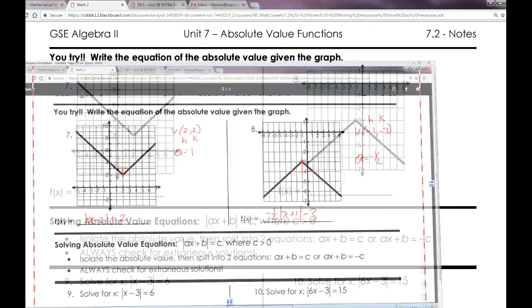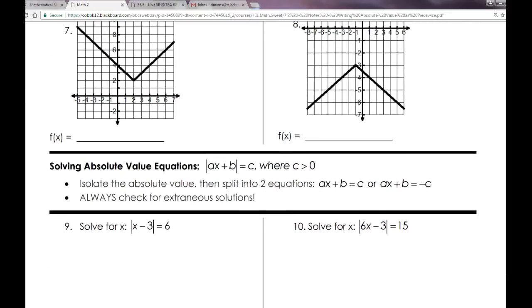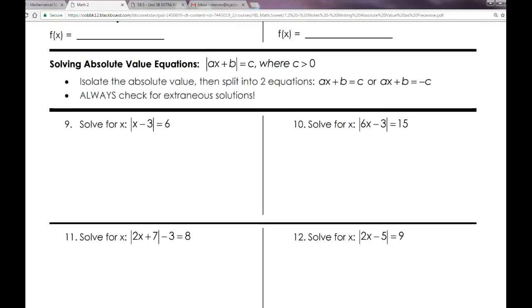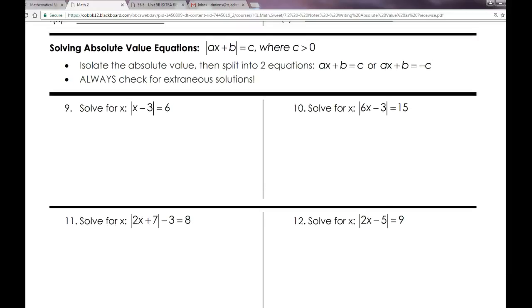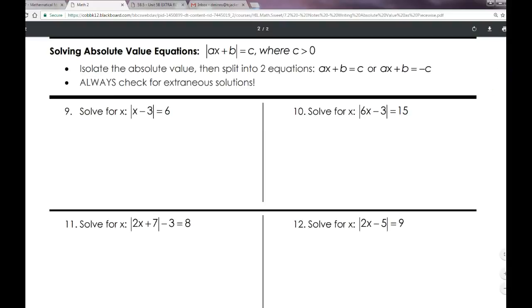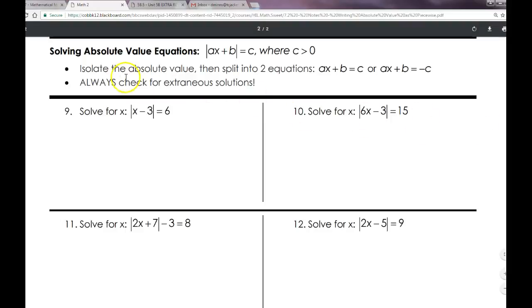Alright, moving down, now we're going to solve a couple of absolute value equations. You probably did this somewhat in 8th or 9th grade, depending on when you had Algebra 1, but maybe not since then. Here is how you solve absolute value equations. First, you have to isolate the absolute value.